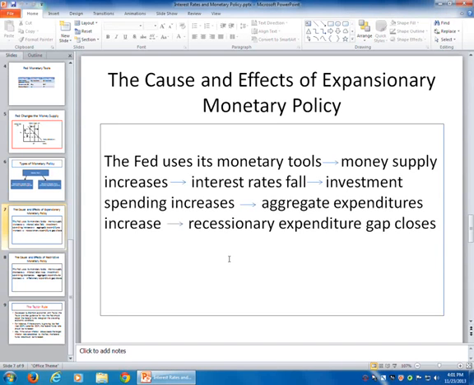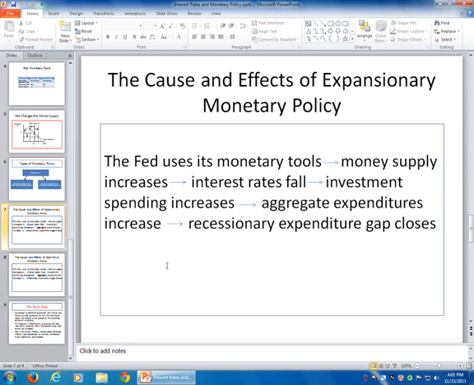As interest rates fall, spending, such as investment spending, will go up. Now when investment gets bigger, and investment is part of aggregate expenditures, aggregate expenditures increase. And as aggregate expenditures increase, the disparity between aggregate expenditures and real GDP at full employment gets smaller, and the recessionary expenditure gap starts to close.